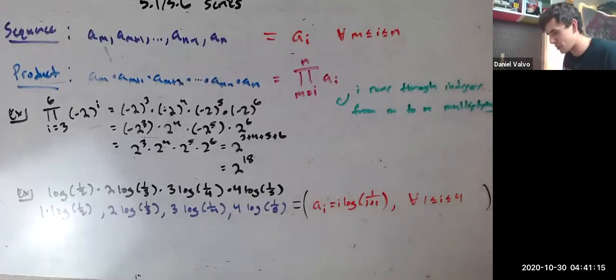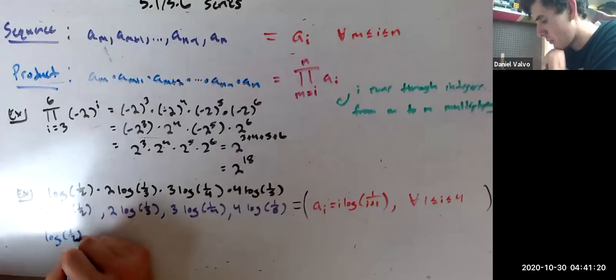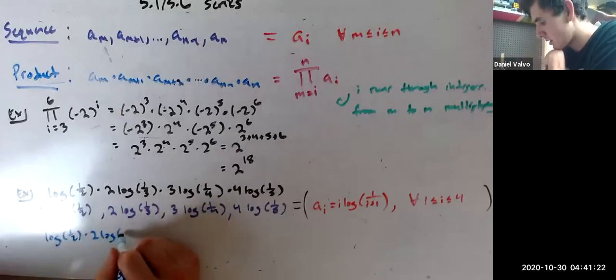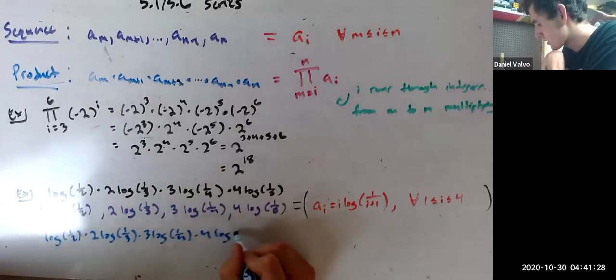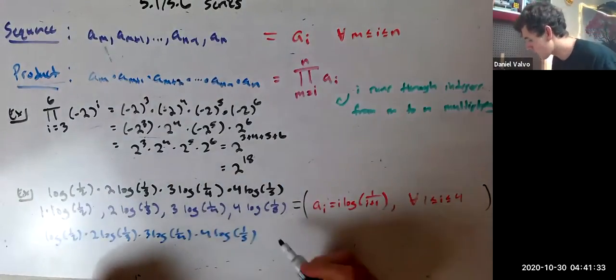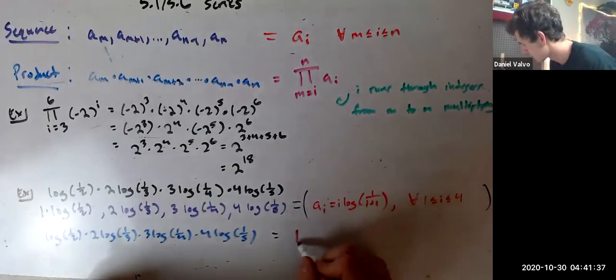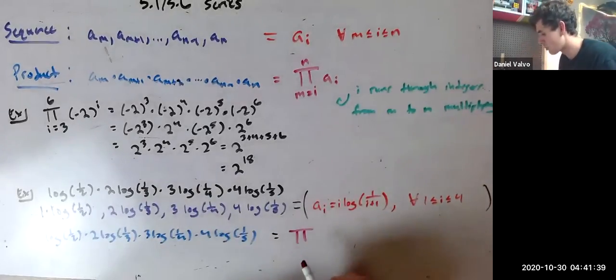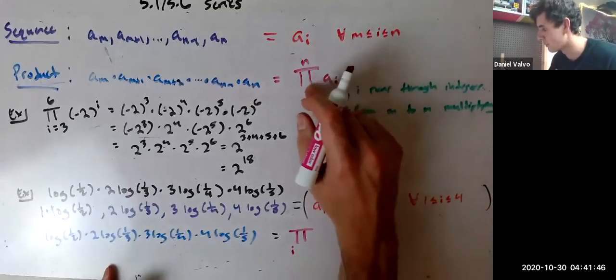But anyway, then what that tells us is that the log of 1/2 times 2 times the log of 1/3 times 3 times the log of 1/4 times 4 times the log of 1/5 is going to equal just the product as we multiply from i equals m, this should have been i equals 1.